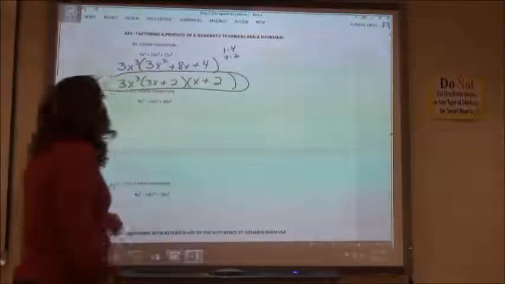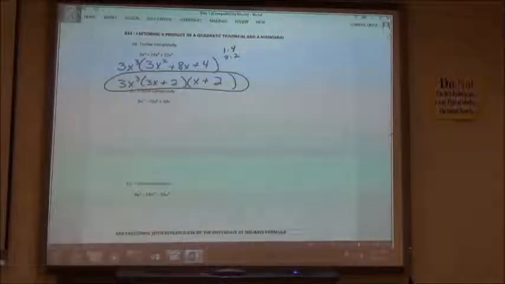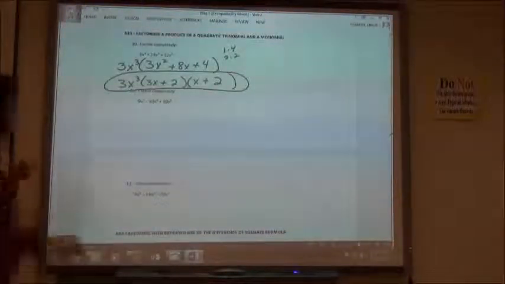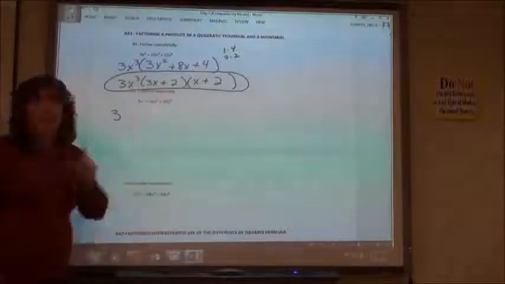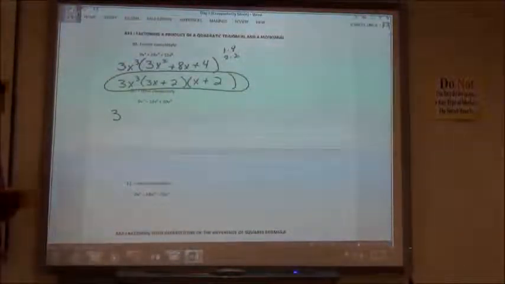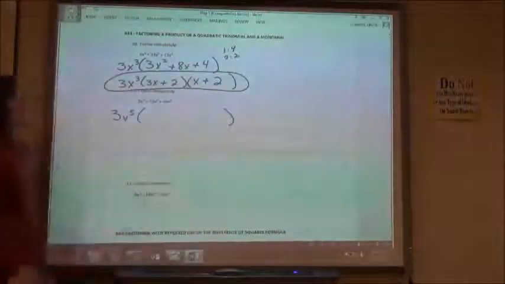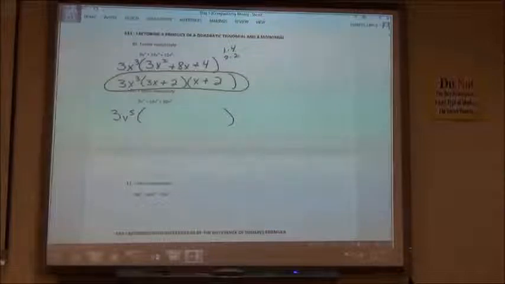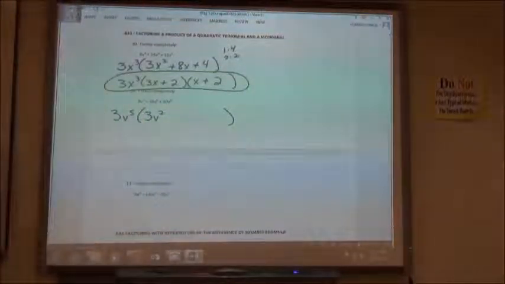So on number 11, if I have 9, a 33, and a 30, those are all divisible by 3. I have a v to the 7th, a v to the 6th, and a v to the 5th. I'm going to take out the lowest one, v to the 5th, right? So now I'm going to divide that out of each of my terms. So 9v to the 7th divided by 3v to the 5th gives me 3v squared, exactly.